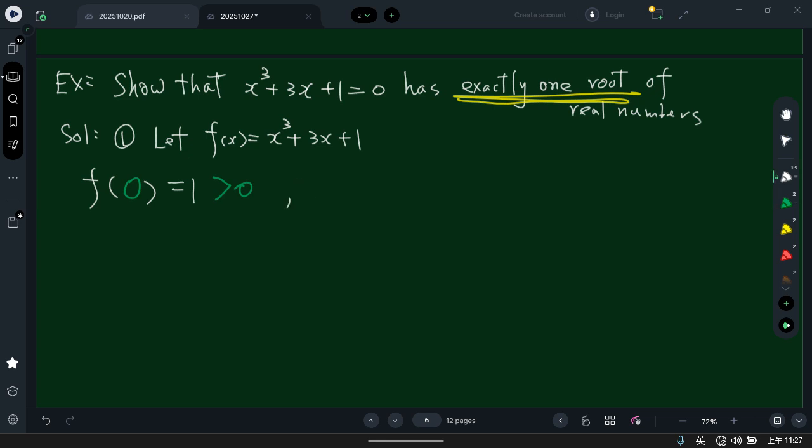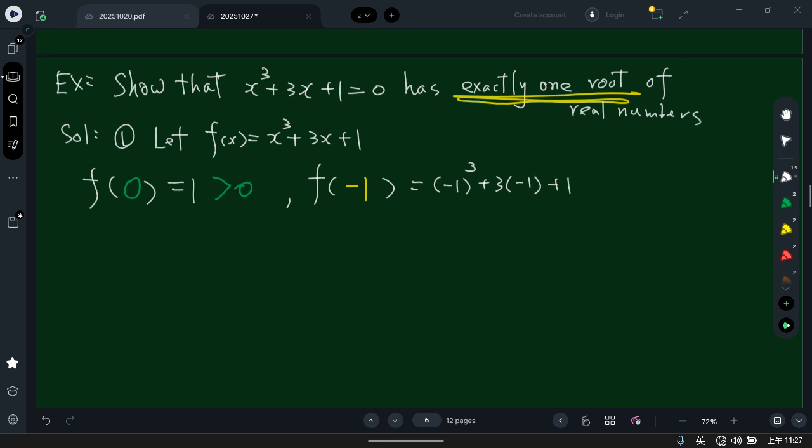Then we try to find another point. For example, maybe I try -1. Of course, you can try -2. But our purpose is to find some point which can make the function get a negative value. Okay, so if we try -1, that will be -1 to the power 3 plus 3 times -1 plus 1.